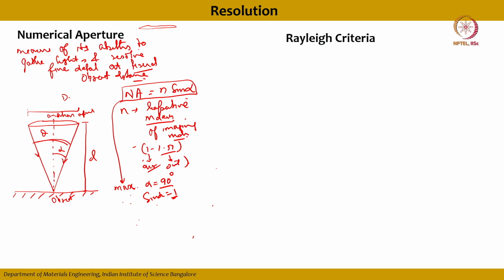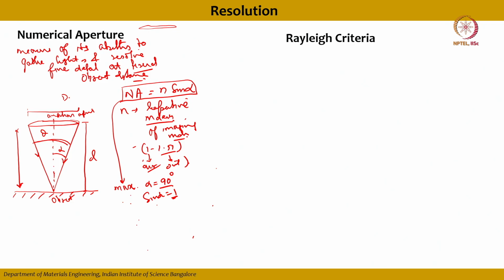Okay, so based on the distance between the object and the lens system, you can actually see that different numerical apertures can be achieved.